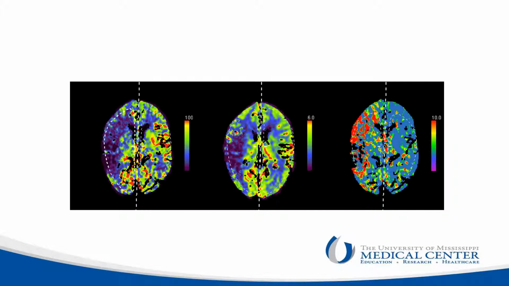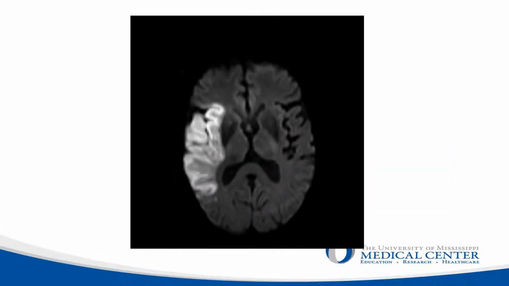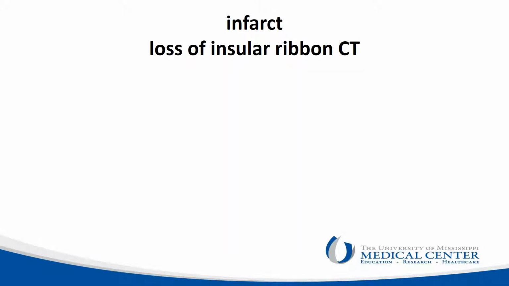We do our perfusion study, and we can see that we've got a large cerebral blood flow decreased area in the MCA territory, increased MTT, and a pretty good sized area of abnormal cerebral blood volume. On MR, we can see that the infarct correlates well with the area of cerebral blood volume abnormality. Always check the insular ribbon on the CT.